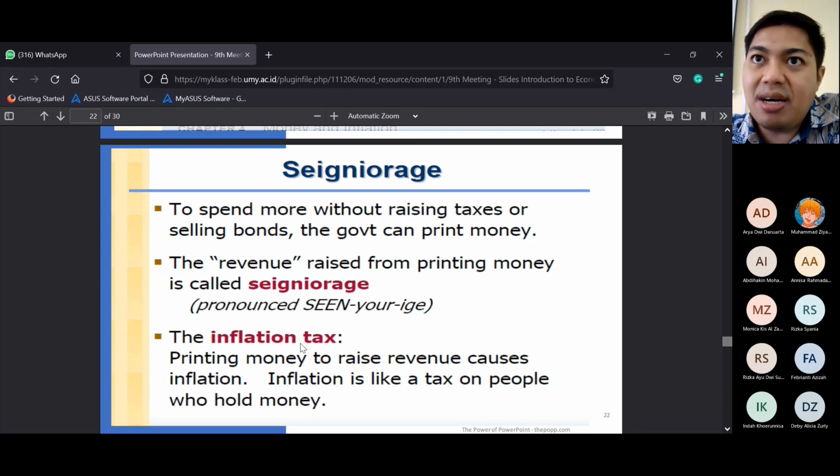If inflation is increasing, it means the purchasing power of your money is going down, so your ability to get goods and services becomes lesser and lesser. Therefore, it is called the inflation tax.